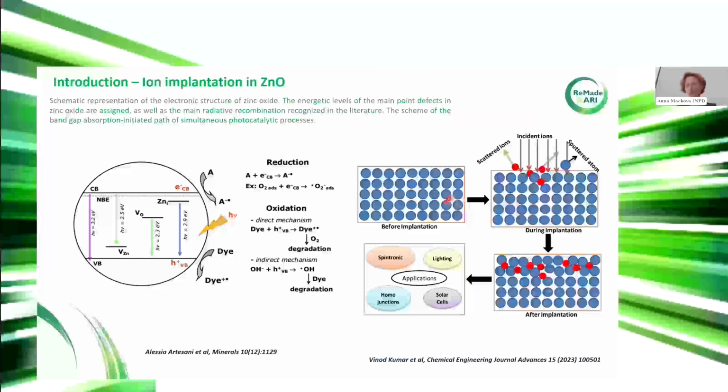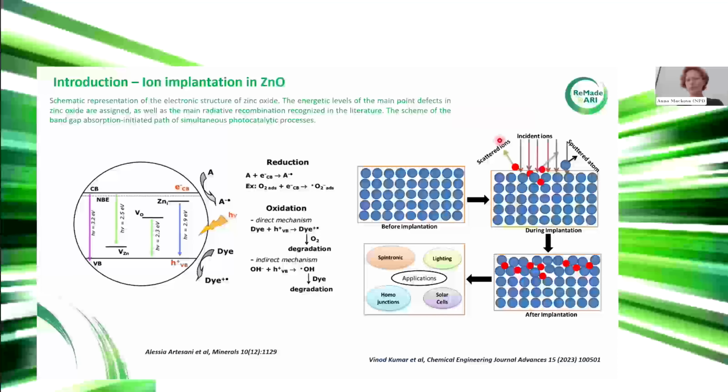So in general, I mentioned what is happening in polymers and in graphene, that we are inducing defects. The same we are doing in crystalline or polycrystalline materials.